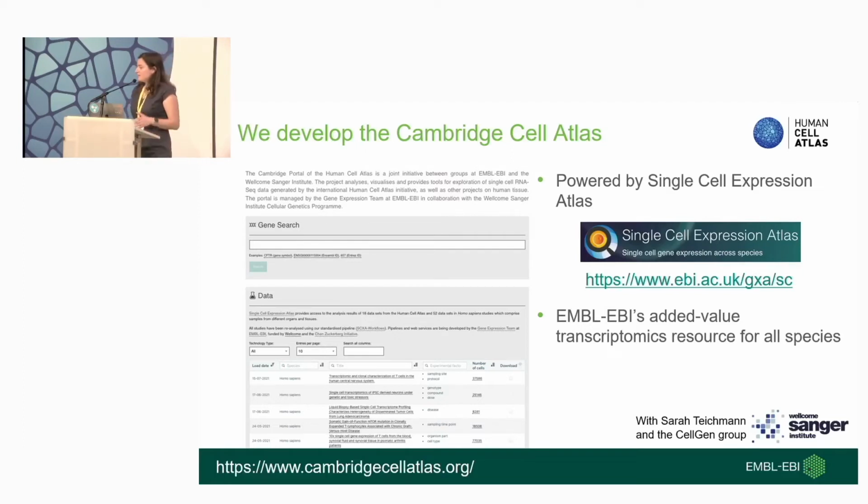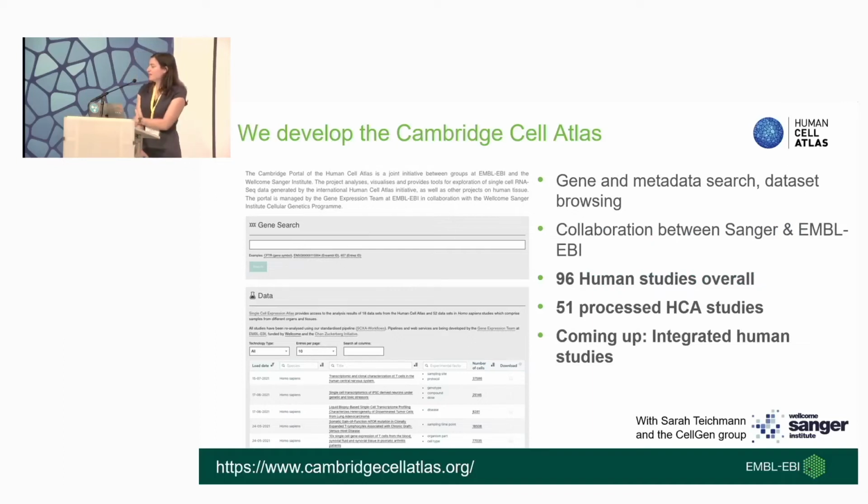The Cambridge Cell Atlas is powered by the Single Cell Expression Atlas, which is EMBL-EBI's transcriptomics resource for all species. Currently, the Cambridge Cell Atlas supports the same functionality as the Single Cell Expression Atlas. So you can do gene and metadata searches, and you can browse the data sets that match the gene that you have queried.